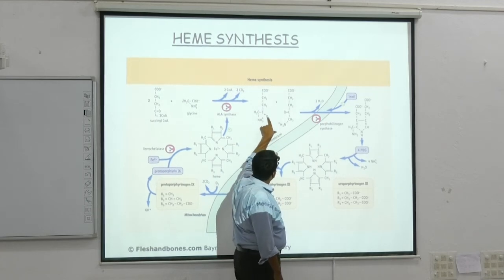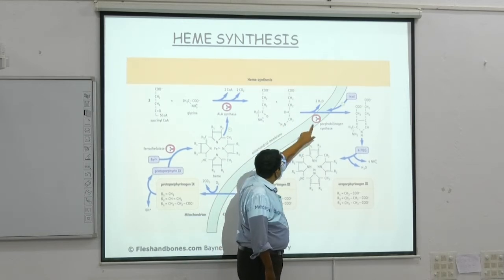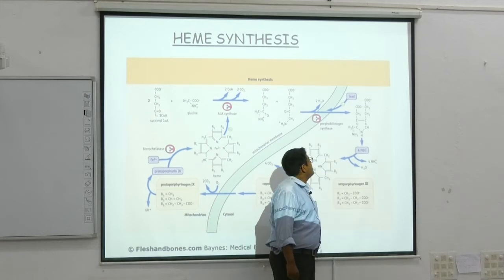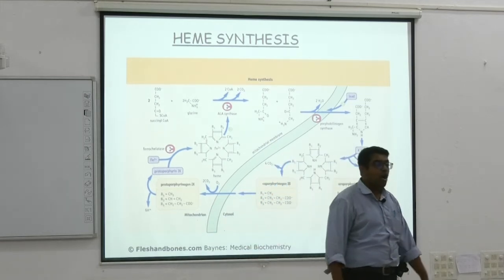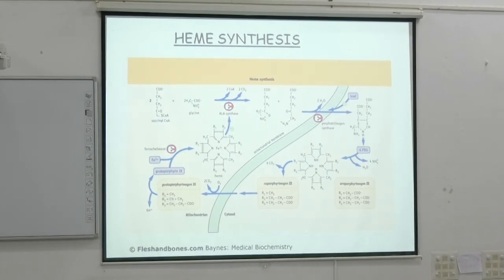Basically this nitrogen, this ammonium ion, is interacting with this oxygen to form water and the double bond. And there you have this first cyclic structure, that is the formation of the first pyrrole.